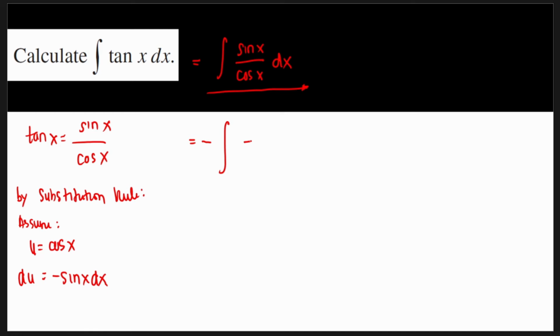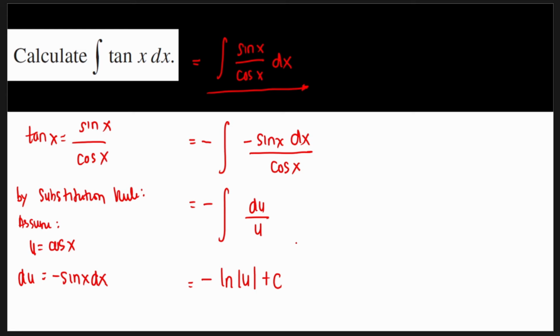So that is negative sine x dx all over cosine x. And here we can easily substitute, that is equivalent to the negative of the integral of du over u, which is equivalent to negative of ln u plus c.